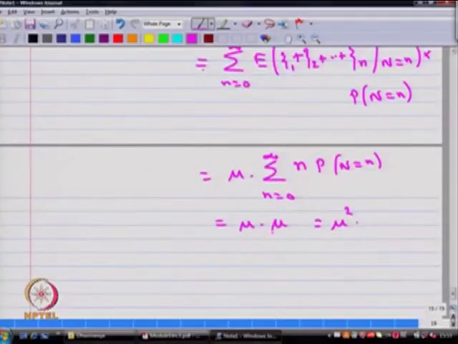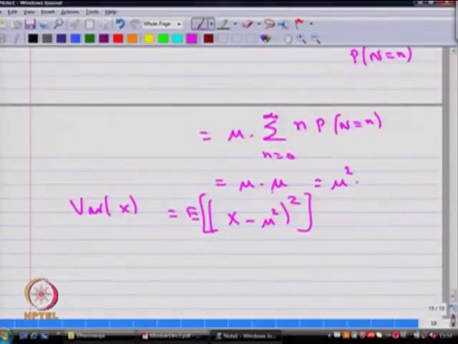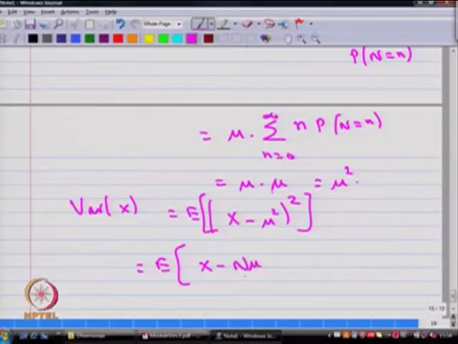Now, we can compute the variance of X the same way, that is expectation of X minus mu square, because the expectation of the random variable is mu square, the whole square. Further, this can be simplified as expectation of X minus n times mu plus n times mu minus mu square, the whole square.